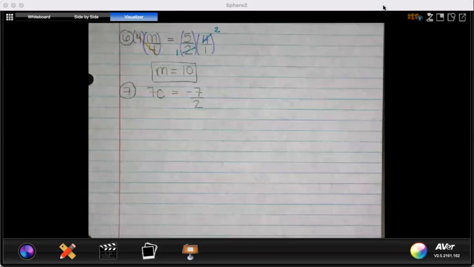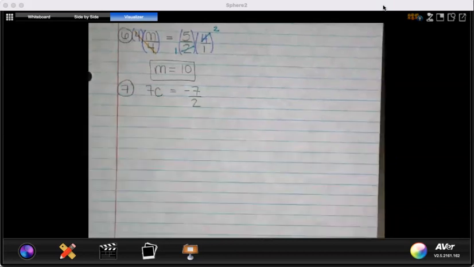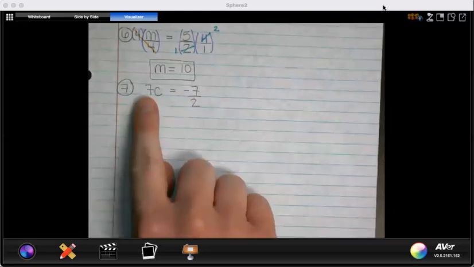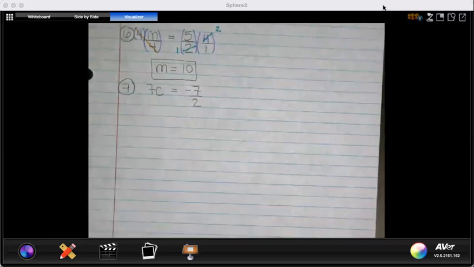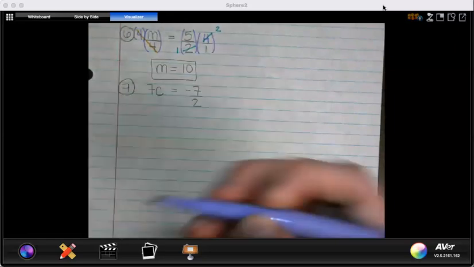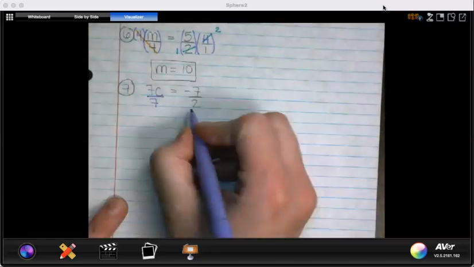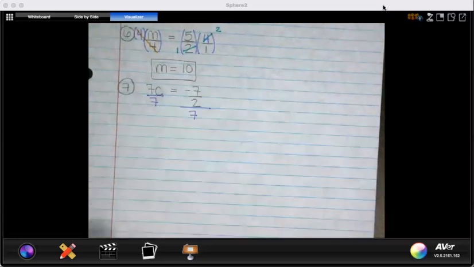Using fractions in a different way, we're going to try number 7, which says 7c equals -7/2, or -7 divided by 2. Now, in this scenario, much like our problem from number 3, we have a number multiplied to a variable. So the answer could be to multiply by the reciprocal or to divide by the number itself. Now, in cases like this, we would not divide, because we would want to divide by 7, but then we're going to have to divide a fraction by another number.